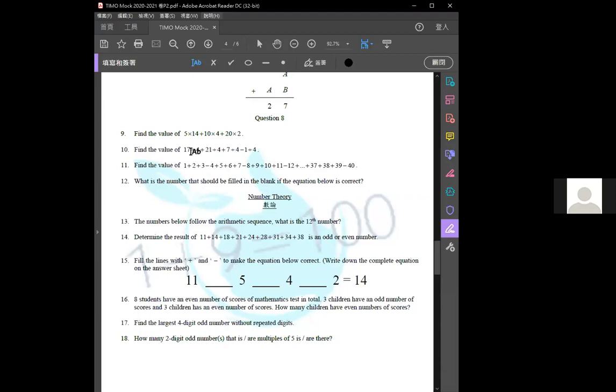So first, we just ignore the divided by 4 part. So 17 plus 21 is 38, right? 38 plus 7 is 45. 45 minus 1 is 44. So we know that the answer when we ignore the divided by 4 is 44.